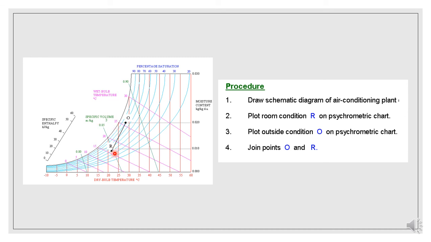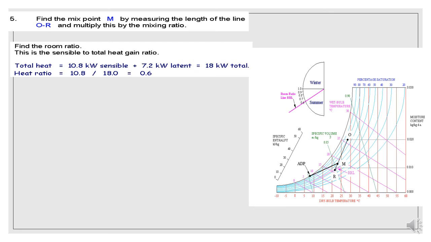First, what you have to do is plot the room condition and also the outdoor condition on the psychrometric chart. The conditions are already given. So join these 2 points, from the room condition to the outside condition. Then just find the mix point, because we know the proportion of the outside air to the room air.